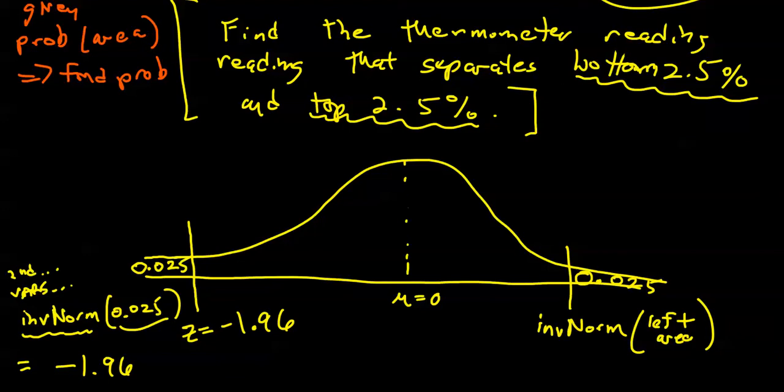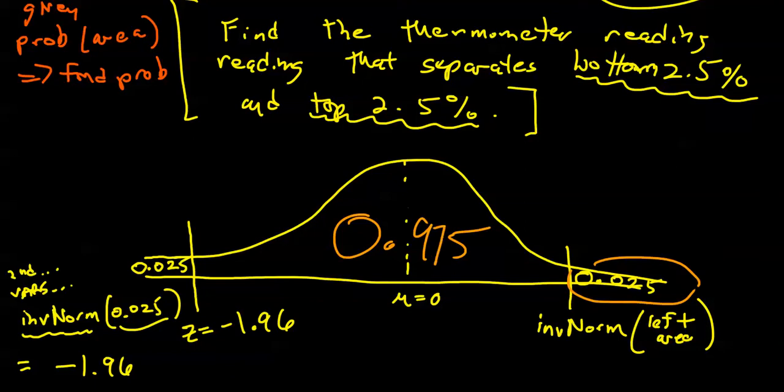Well, I think we can see that if you've got a right tail area of 0.025, you've got a total area to the left of 0.975, do we not? So I could plug in inverse norm 0.975. Again, getting to your distribution menu through the vars button, call up the inverse norm command and plug in 0.975.